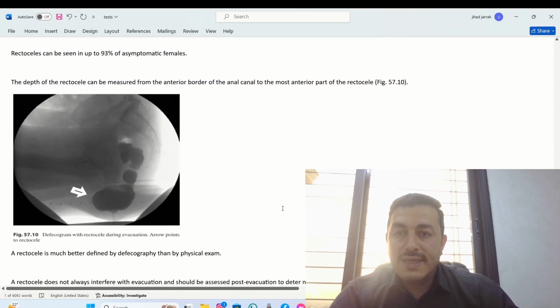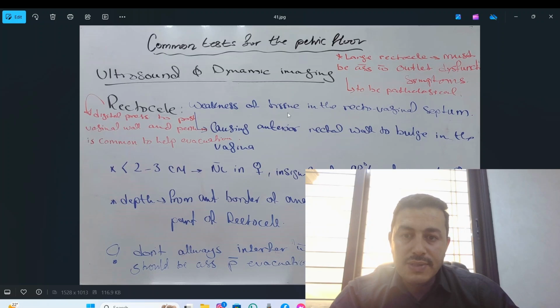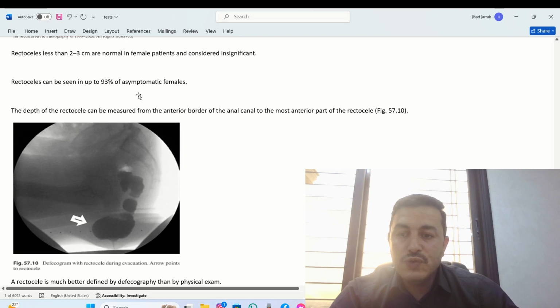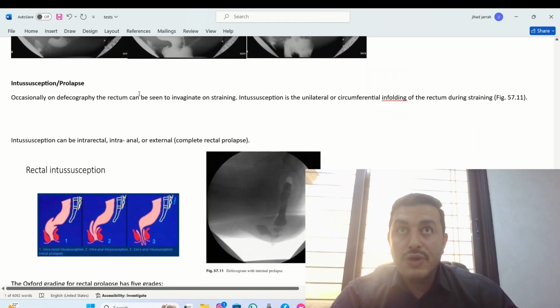Okay, what else do we want to add regarding the rectocele? Let's move to intussusception or prolapse, which may present as an obstructed defecation problem.